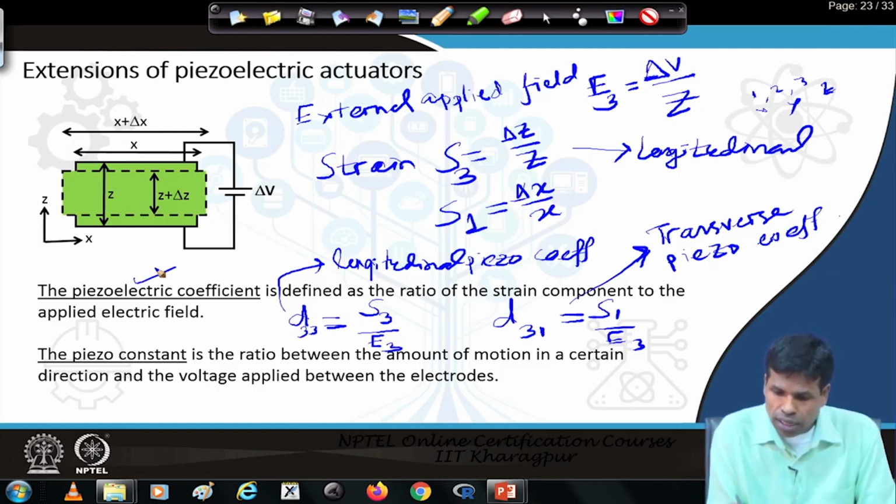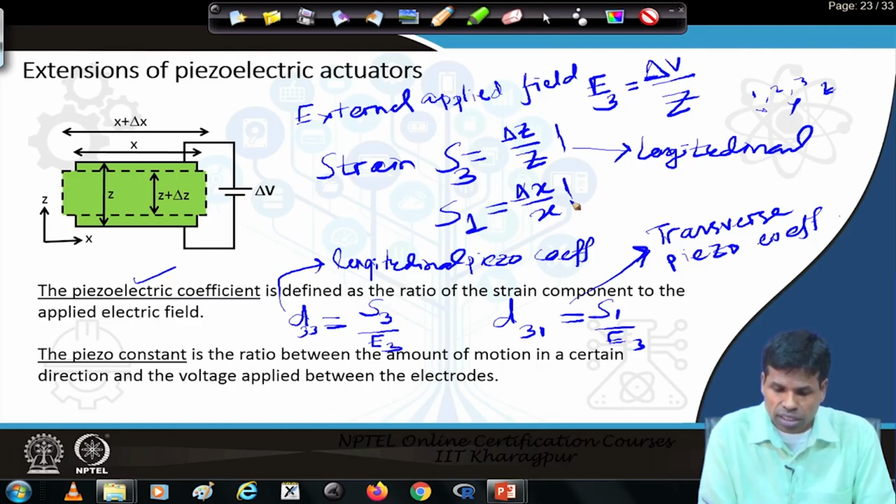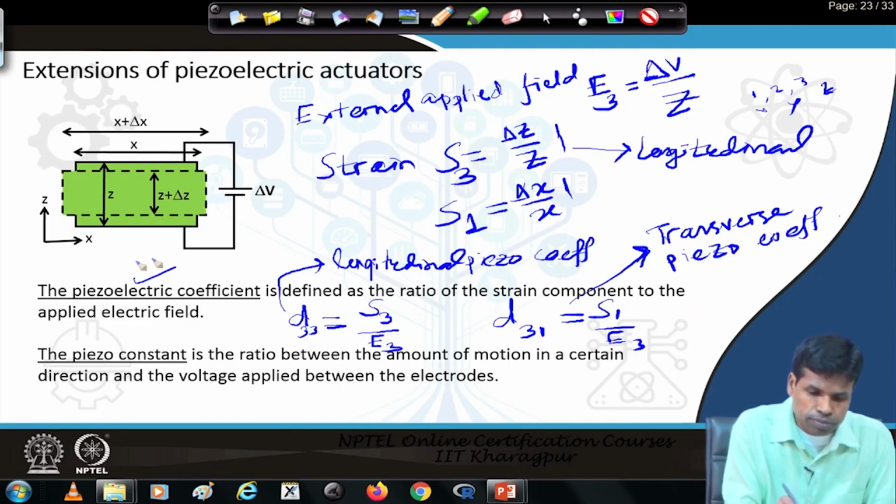One important thing is that strain is dimensionless. So, the piezoelectric coefficient unit will be electric field, volt per meter, by volt, that is meter per volt.